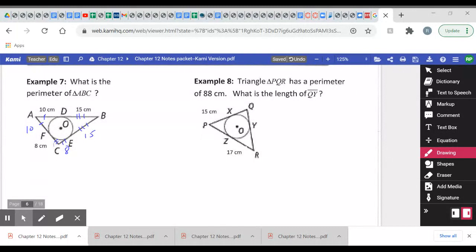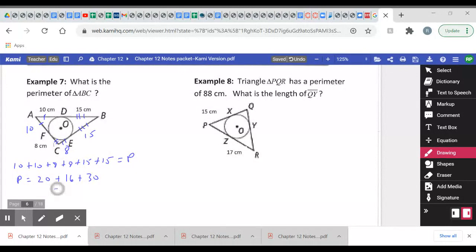So if it asks for the perimeter, which is the distance all the way around that triangle, I'm just going to add up 10 plus 10 plus 8 plus 8 plus 15 plus 15. That gets me all the way around the circle. That is my perimeter. So if I simplify that, 10 plus 10 is 20, 8 plus 8 is 16, 15 plus 15 is 30.